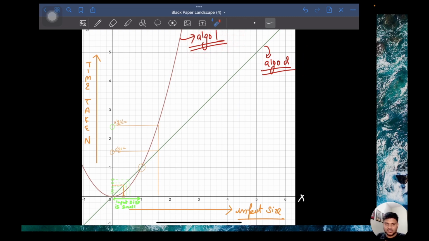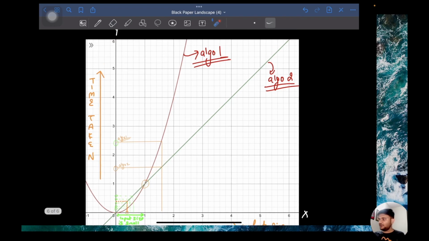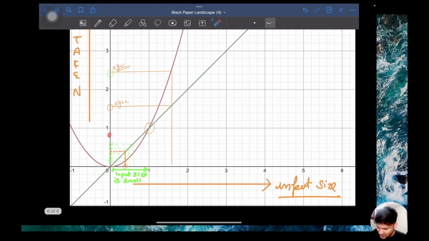So my question is, for doing the same task, which algorithm is better? Technically, algorithm 2 is going to perform way better than algorithm 1, because for small input this time is technically negligible, right? This time is very less. If I just compare it with a magnitude around 10 raised to 3, 10 raised to 4, and even beyond that, this time is very less.